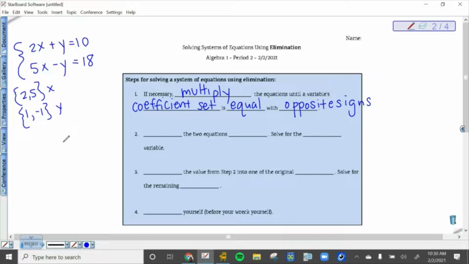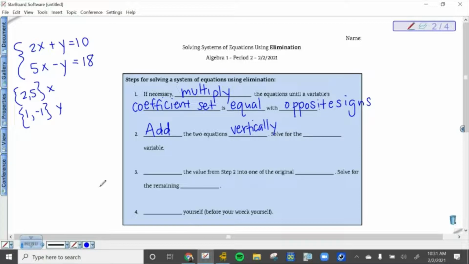Yeah, 1 and negative 1 are additive inverses. They are equal with opposite signs. When we add 1 and negative 1 together, they get 0, right? Okay, so that's the first thing we need to do. We need to make sure for one of our variables, the coefficient set is equal with opposite signs. They're additive inverses. Our second step is we're going to add the two equations together vertically.